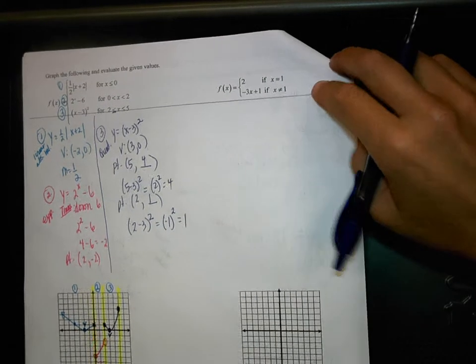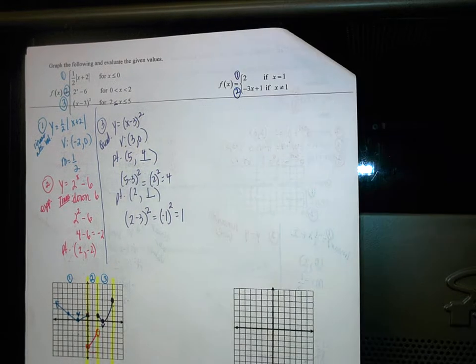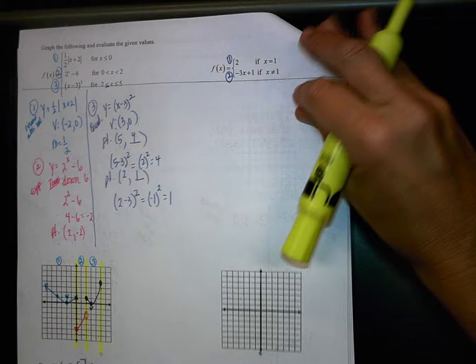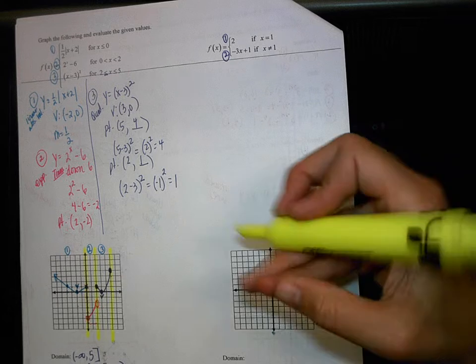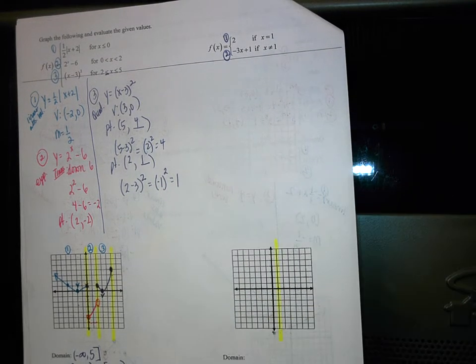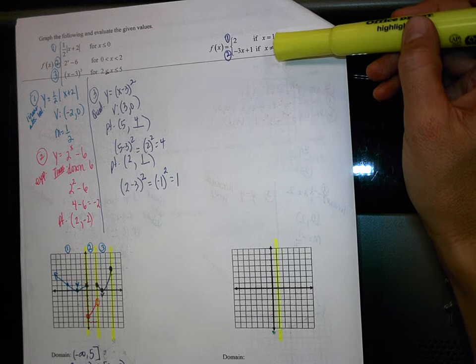Okay, so we're going to label these again. Equation 1, equation 2. Where do I need to highlight? At 1. So on our graph, we're just going to highlight at 1. And this one is a little bit different because one of them is saying that it equals 1 and one of them is saying it's everywhere except for 1.